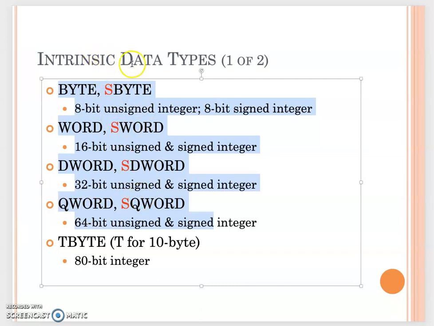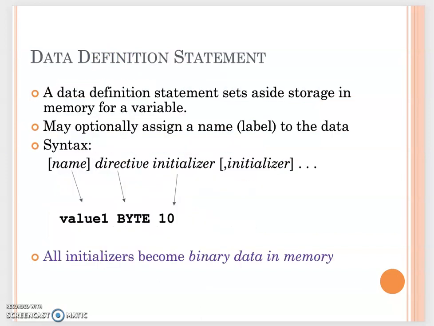After you know the memory size you want to work with, here is how we declare our data definition statement. A data definition statement sets aside storage. You need to specify the storage, meaning how many bytes in memory for a variable. Optionally, you can assign a name to the data.